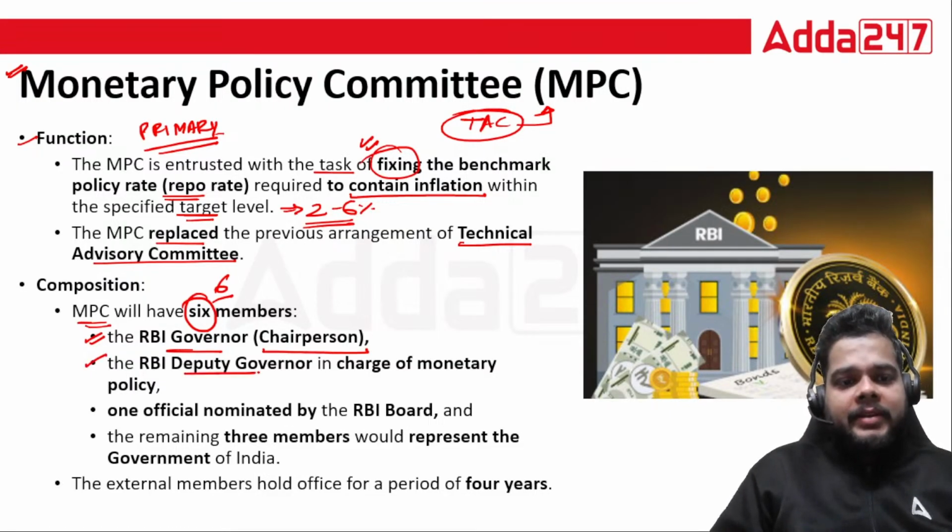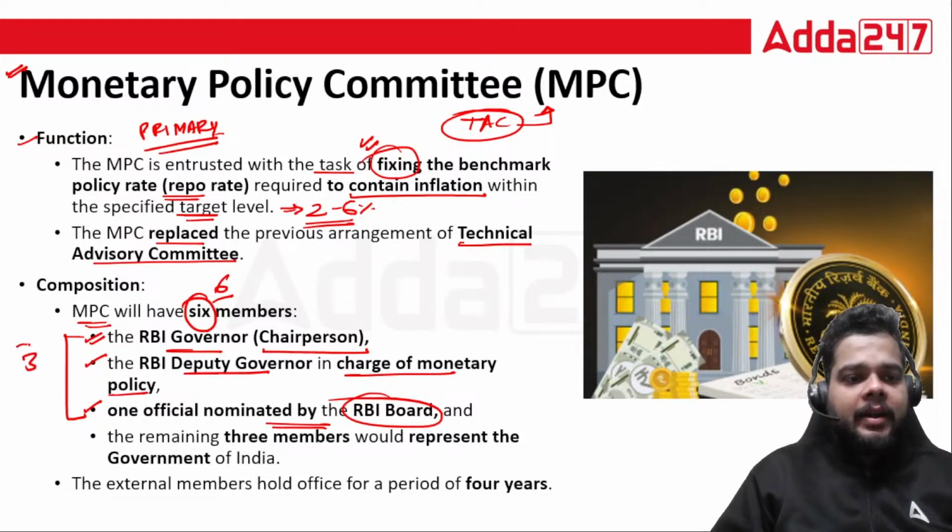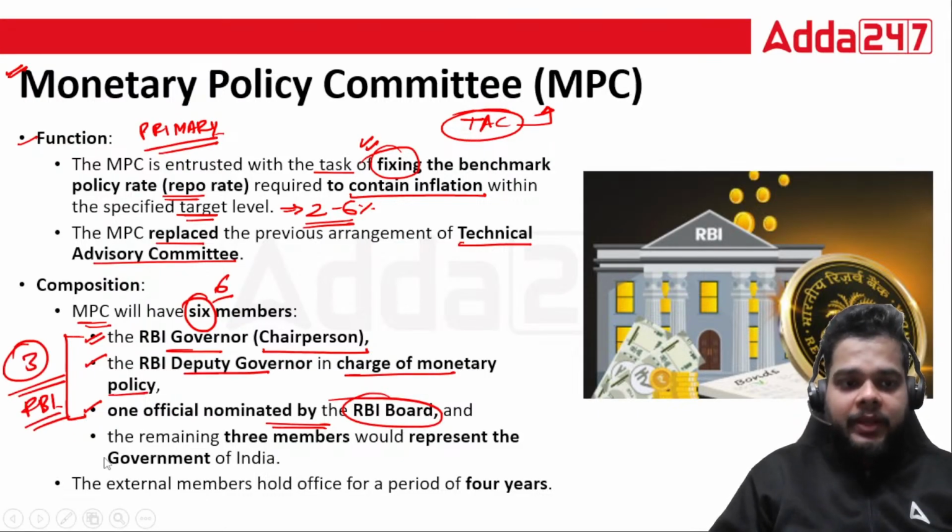The RBI's deputy governor will be there, who will be in charge of the monetary policy. Then we have one official nominated by the RBI board. So the first three are directly from the RBI, so internal members we can call them. Then there are three external members who are not from the RBI. The remaining three members would represent the Government of India.